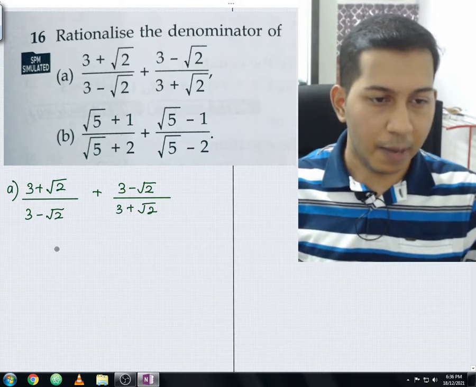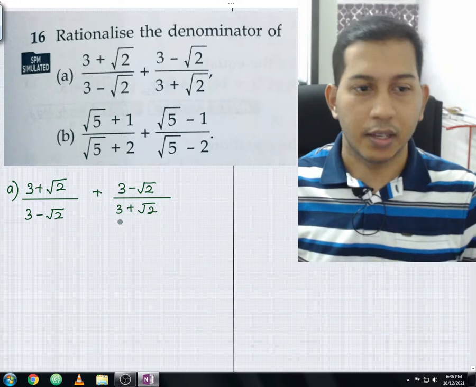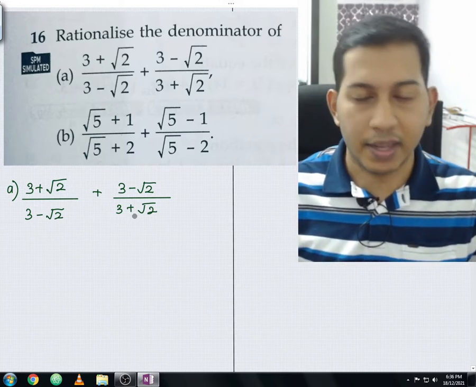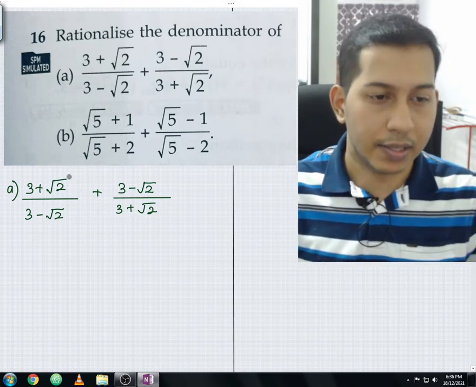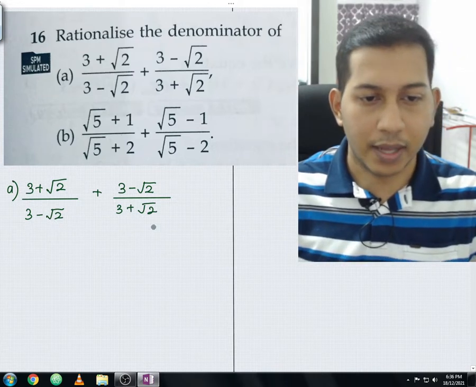The first step is to conjugate the fractions that have a surd in the denominator. So we need to rationalize this fraction and then followed by this fraction.